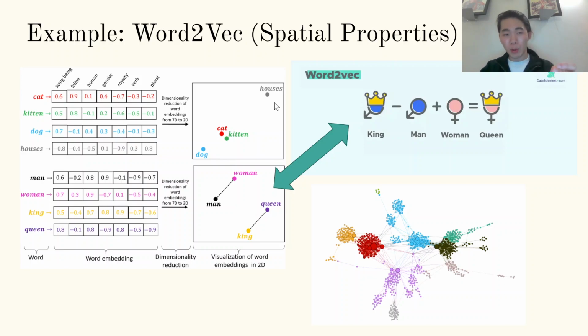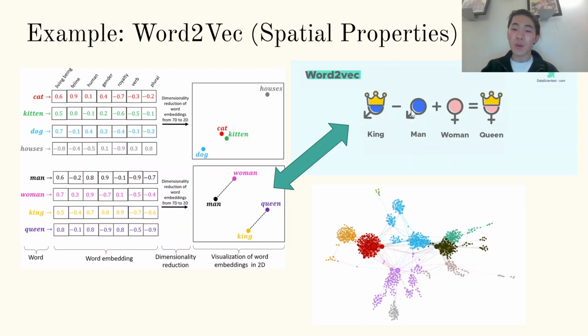But what's even more cool about Word2Vec is that you can do maths with these embeddings, right? This is one of the cool use cases of the embedding, which is that now you've encoded this spatial dimension to things that you wouldn't usually be able to apply maths on. For example, you can see that man and woman are further away on this axis, and so are king and queen.